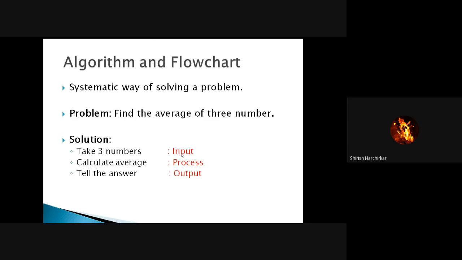Then process it; process means calculating, so calculating the average is the process. Simply calculating is of no use, you have to tell me the answer also. Yes, correct. That is the output. So normally we say input, then process, then output. Input is the three numbers you take, process is the calculation, and output is whatever you get, which you tell me. So three things will be there: input, process, and output.